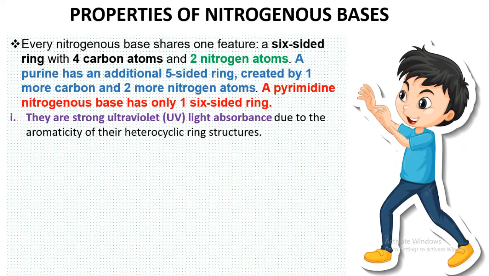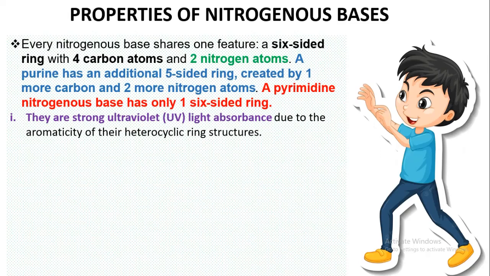Then when you talk of the properties, they are strong ultraviolet light absorbers due to the aromaticity of their heterocyclic ring structure. Because of the presence of that nitrogen there, these bases tend to absorb what? UV light. Remember what we said? When you talk of a heterocyclic ring, it has replaced at least one carbon in its ring.